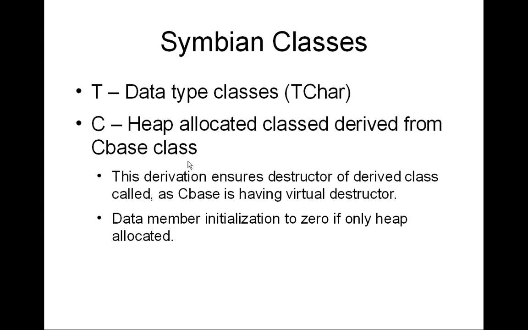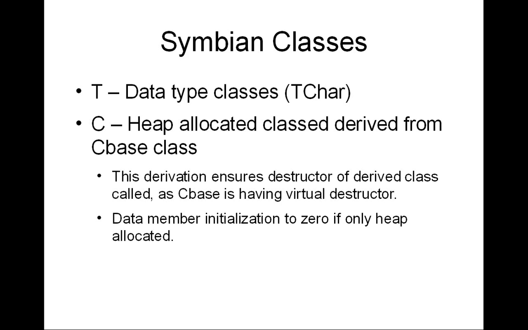Like we have just seen TInt8, TChar, these are data type classes, wrappers for data types. The classes which start with C are the classes which are derived from a common parent, which is CBase. What is CBase? CBase is a Symbian implemented class which has a virtual destructor and various other usage which we'll discuss soon.